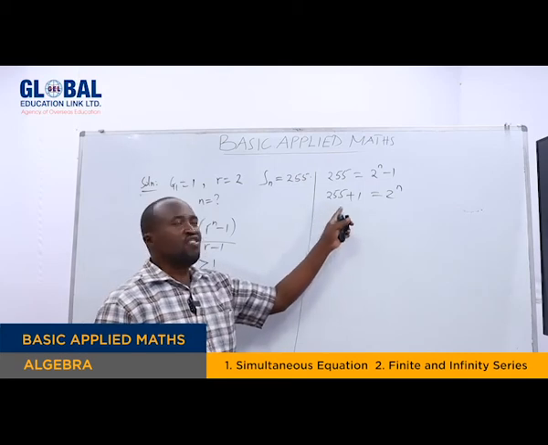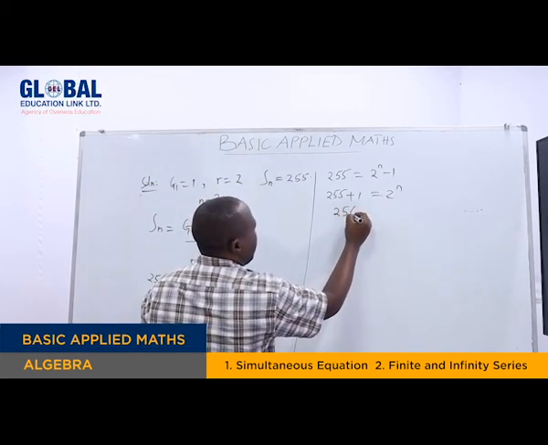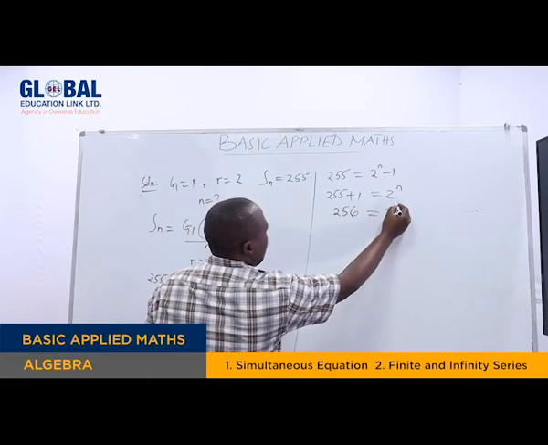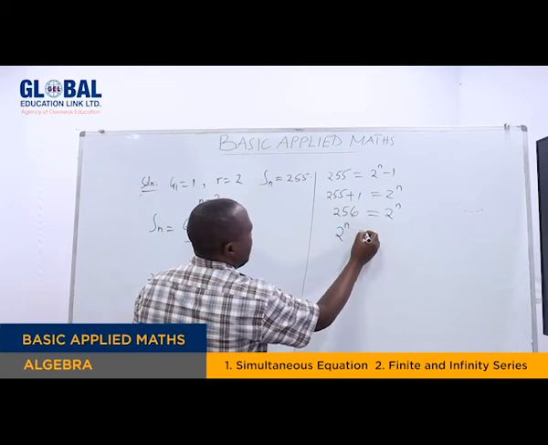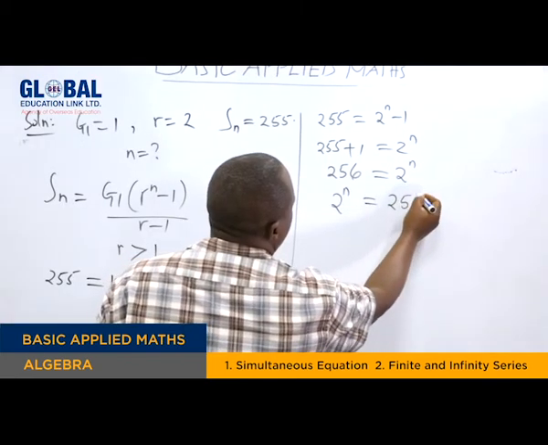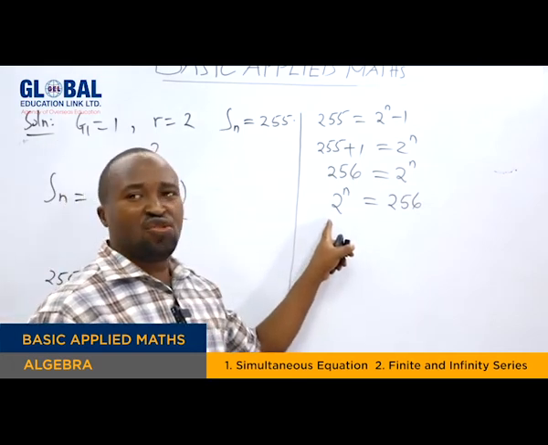So 255 plus 1 is 256, which is equal to 2^N, or say 2^N is equal to 256. Now, here the base is 2.